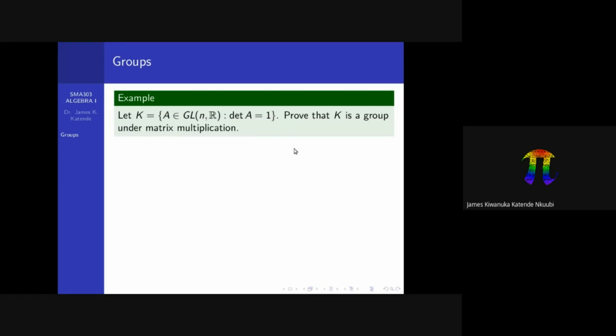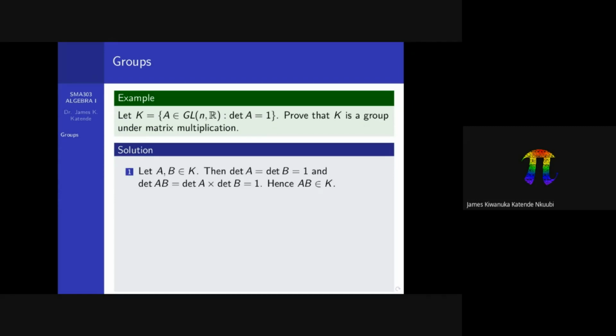So any other matrix with a different determinant is kicked out, and they have to be n by n matrices. Remember, the general linear group consists of only the n by n invertible matrices, and we consider a smaller set, just a set with determinant 1.